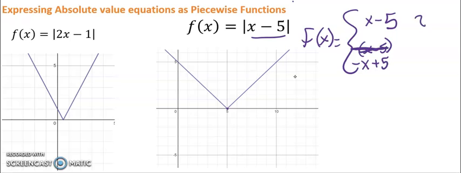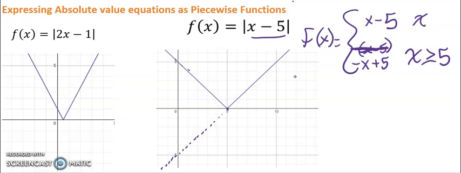Now we need to look at our restrictions, okay, on the positive slope. That's this one. That would be our line continued. We start at 5 and we go to infinity. So x is greater than or equal to 5.